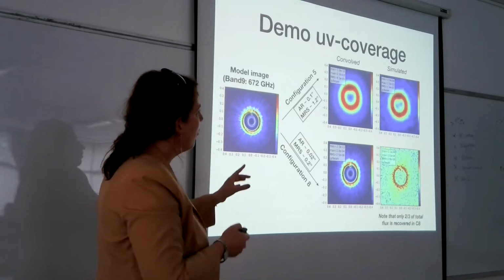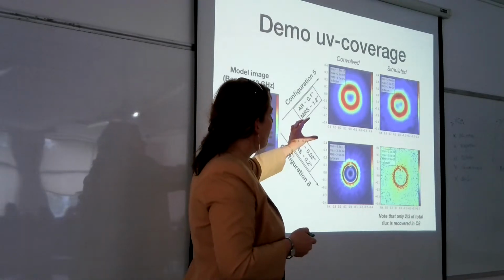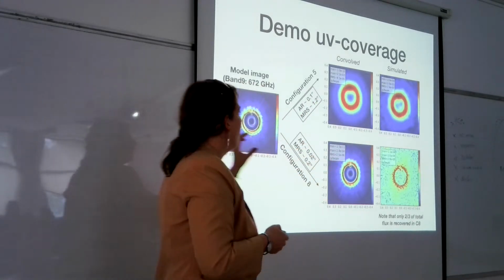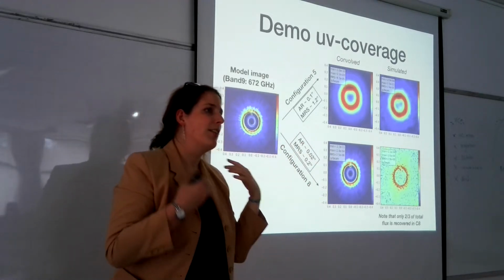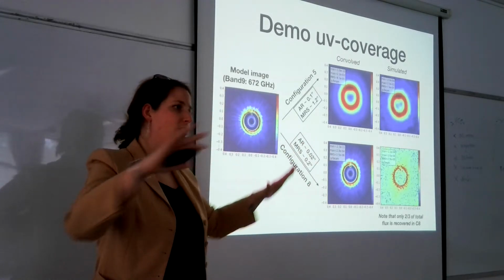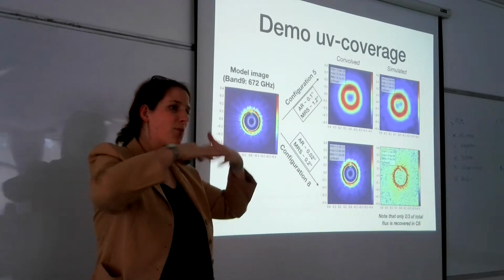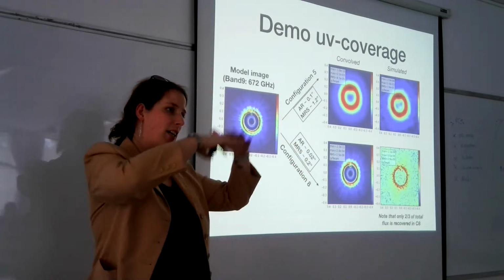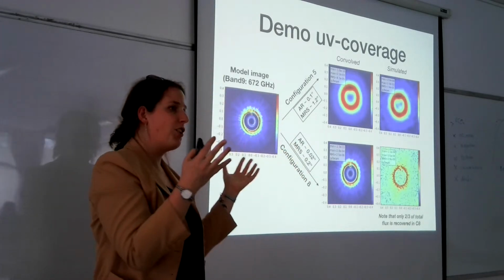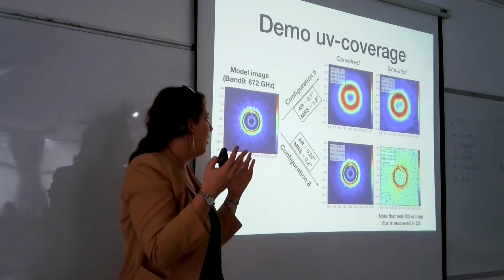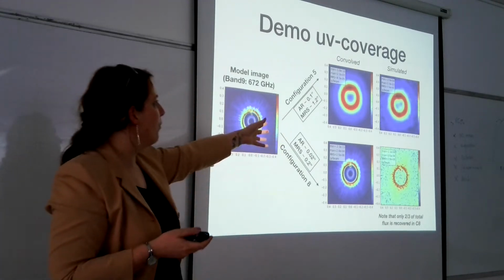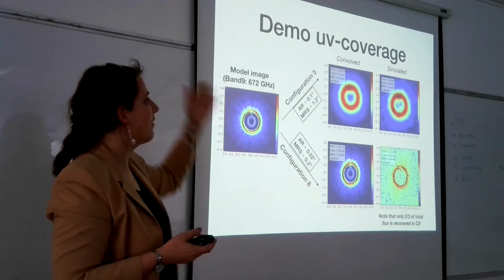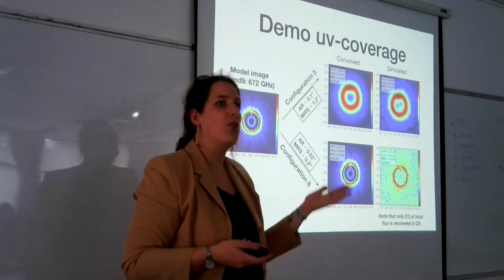And now we're going to take a look at the difference between the convolved image and the simulated image. Because convolved, that is something that you do, then you're essentially just blurring your image with a beam size, right? We know our resolution, and it's going to make the image a little bit blurry, but otherwise we're not actually going to lose any information.